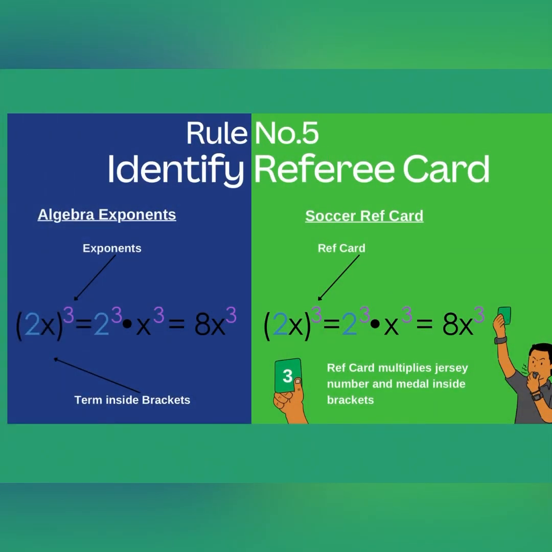Rule number 5, identify the referee card. In algebra, we have exponents like we explained before. In this case, our exponents are positioned in a different place. They are outside the brackets. These exponents that are outside the bracket, like the 3 that you see here, must multiply the exponents inside the bracket.